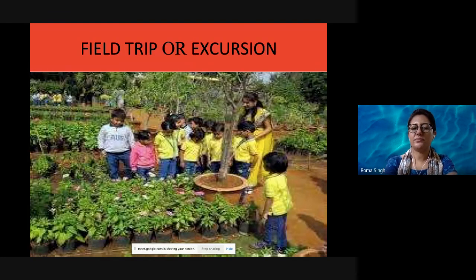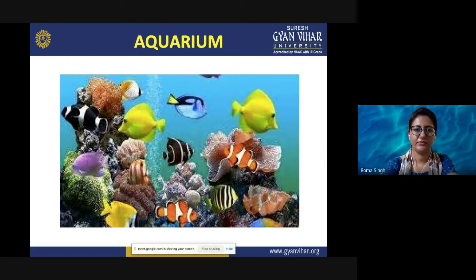This is the field trip or excursion, to areas of interest where the students can be taken. History students can be taken to see a historical monument where they will be able to really experience those things and prepare a report on it. So that will be a good teaching aid.